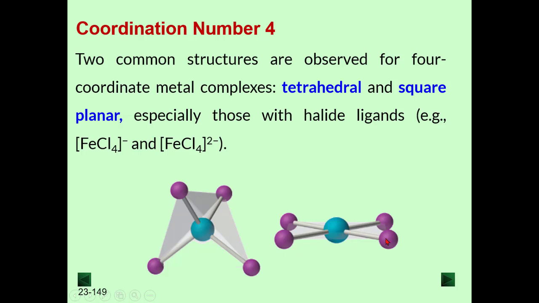Planar means they are laid down on the plane, but they have maintained their maximum separation. Similarly, the tetrahedral structure also maintains maximum separation, 109.5 degree angle between all the bonded atoms. Or rather, we don't call them atoms as in methane, we call them ligands.